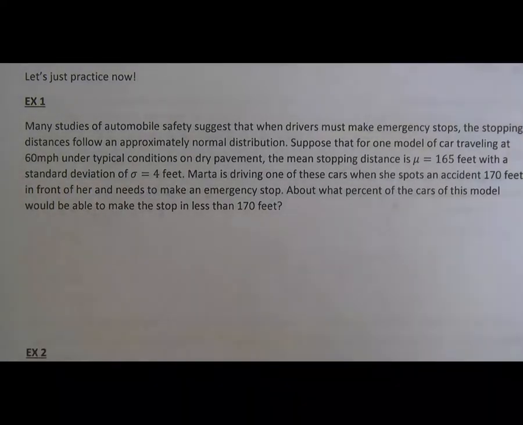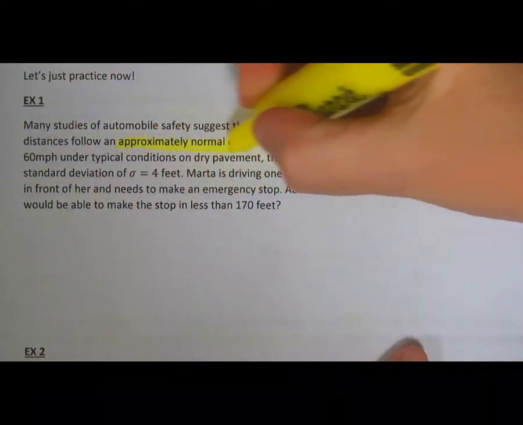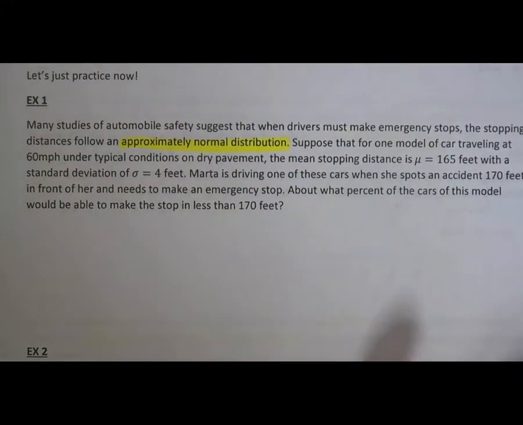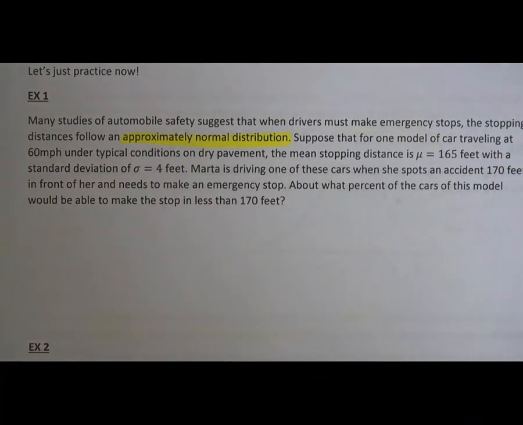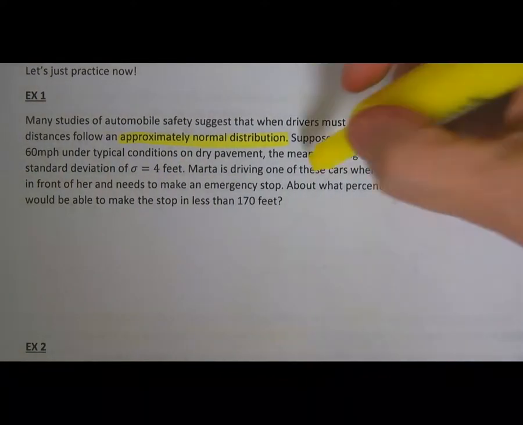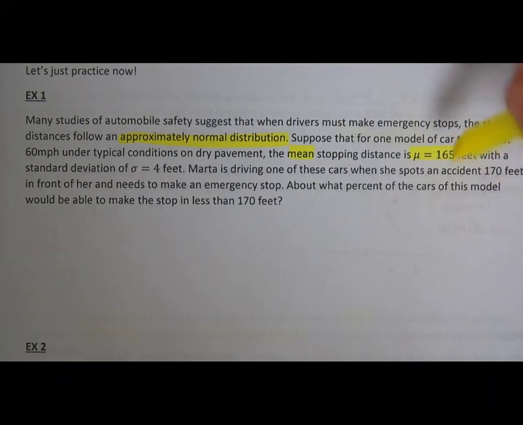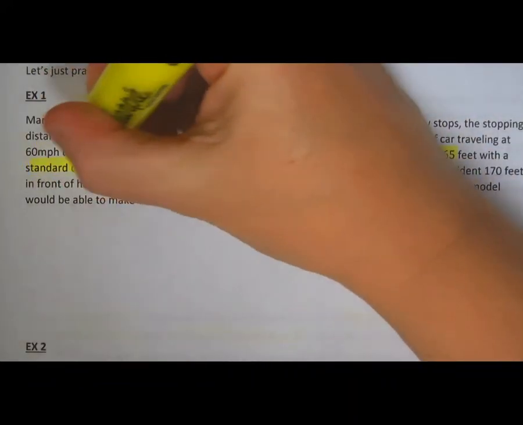Example 1 says, many studies of automobile safety suggest drivers must make emergency stops. The stopping distances follow, okay, blah, blah, blah. This is important to me because I know what shape my curve is. It's not skewed, it's normal. Reading along as a student, I notice the mean is 165, and the standard deviation is 4.